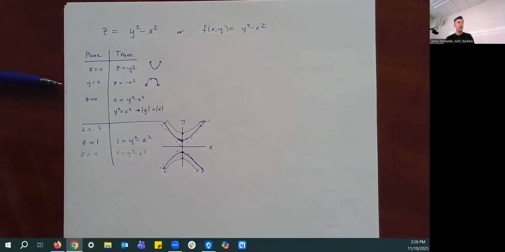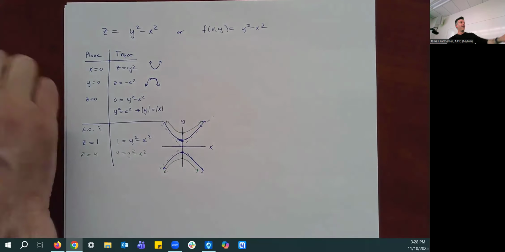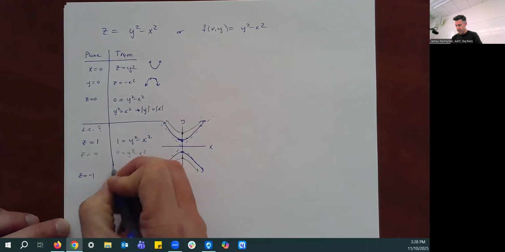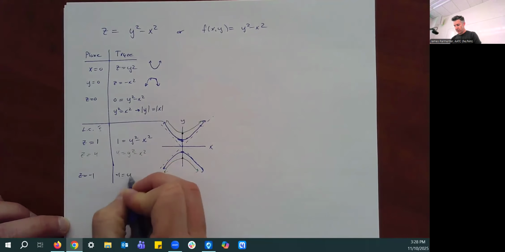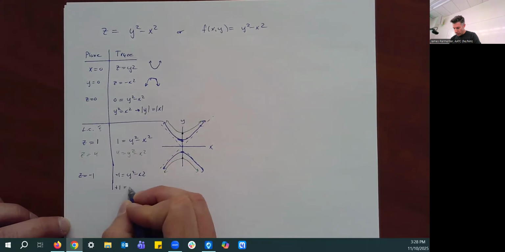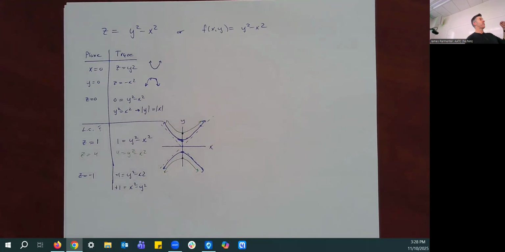On the other hand, if z was equal to -1, then we'd have -1 equals y squared minus x squared, or multiplying everything by -1, +1 equals x squared minus y squared, and then the intercepts would be x equal to +1 and -1.